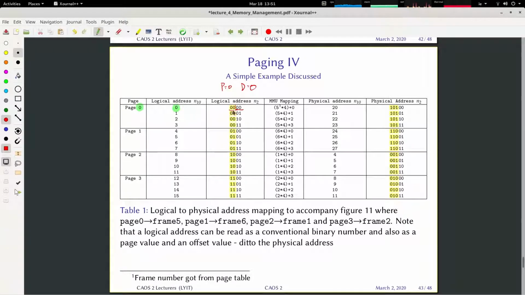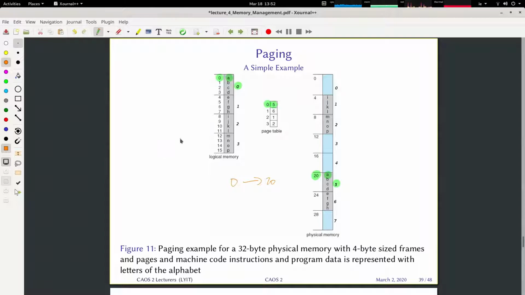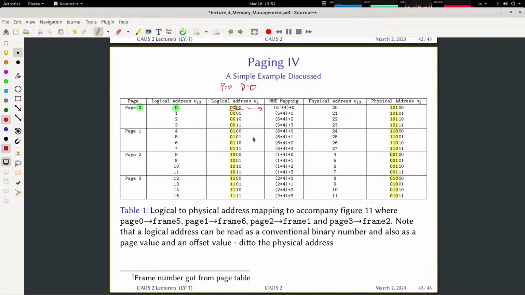Now we'll imagine that the logical address in its binary form is input into the memory management unit and is arithmetically transformed. The transformation is really quite simple. The memory management unit looks up the page table entry for page 0, and it sees that it's mapped to frame 5. So 0 is mapped to frame 5.